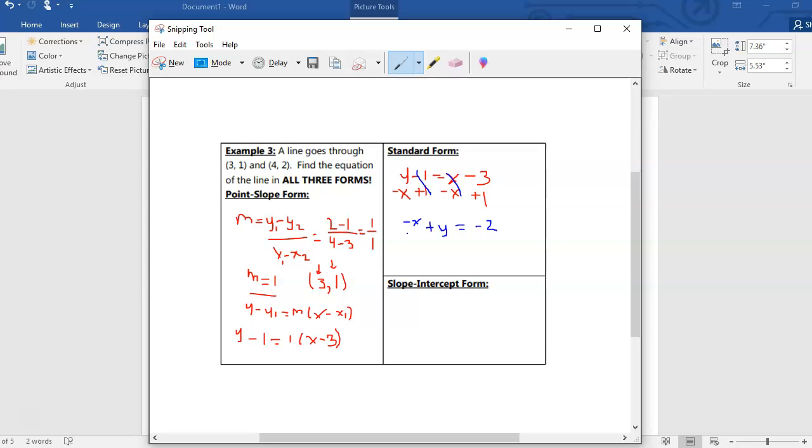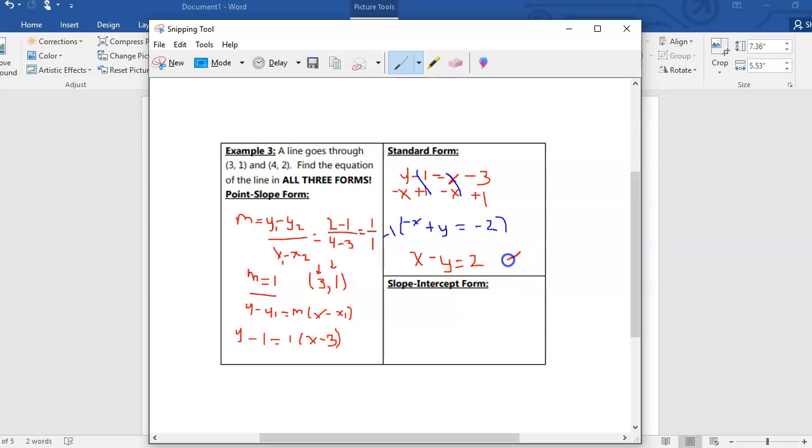My x has to be positive. So I've got to multiply this whole thing by negative 1 to get rid of the negative on my x. And when I do that, I'm left with x minus y equals 2.